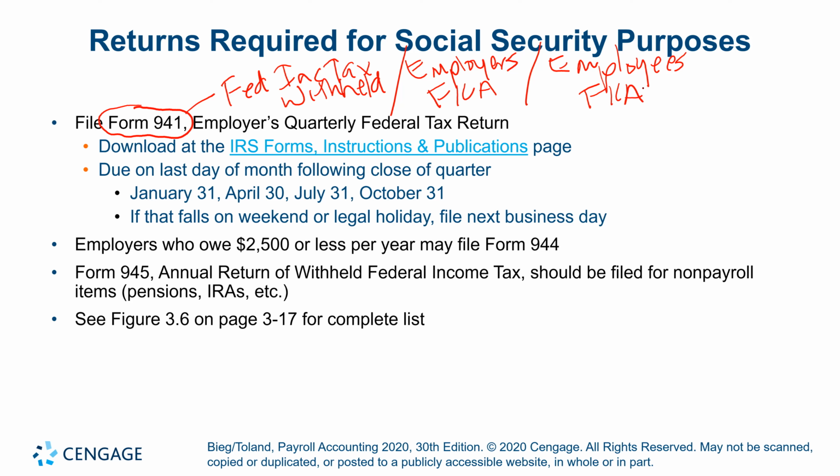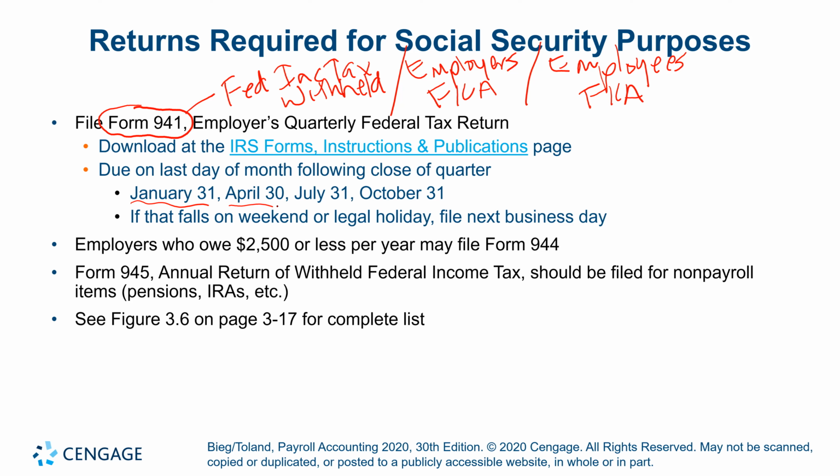So for the fourth quarter, which is October 1 through December 31, it's due January 31st. Or for the first quarter, January 1 through March 31st, it'd be due April 30th, and so on and so forth, right? So once the quarter ends, a company has 1 month to get it prepared and get any additional payment in that needs to be paid.